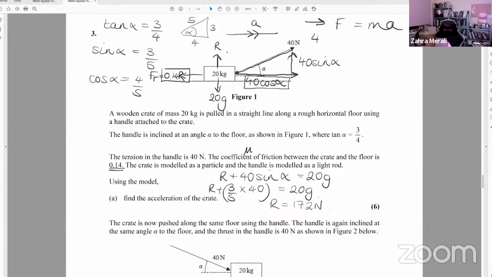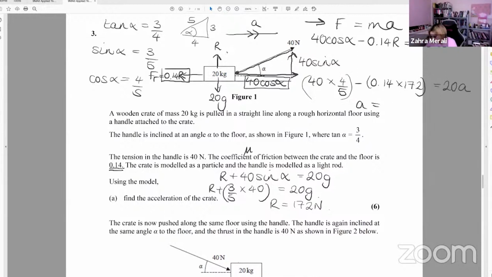We're going to get 40 cos alpha minus 0.14 R equals m, which is 20, and a. Now we know cos alpha is 4/5, so 40 times 4/5 minus 0.14 times the R, which was 172, equals 20a.